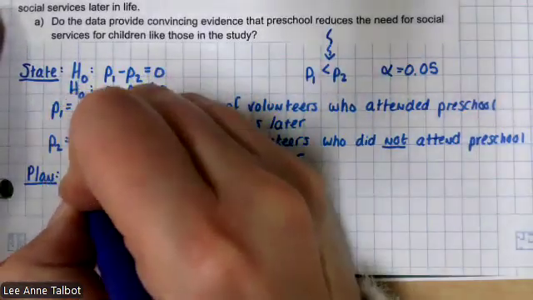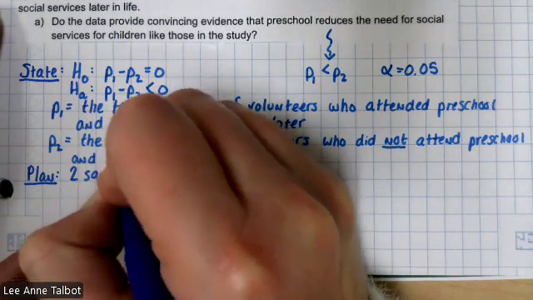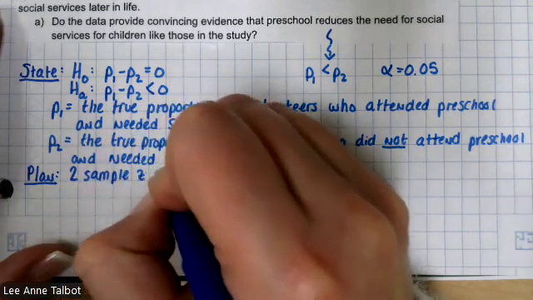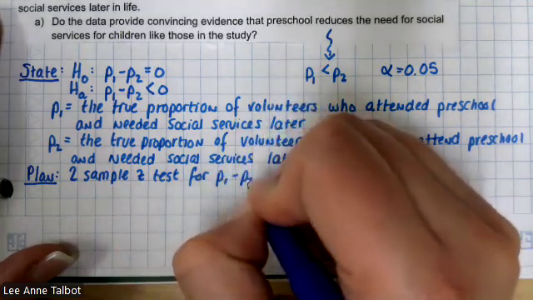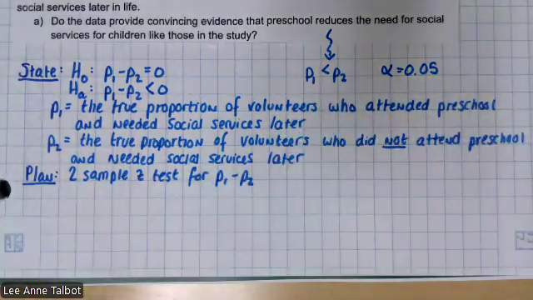Plan: 2 sample Z test for P1 minus P2. There's my method.